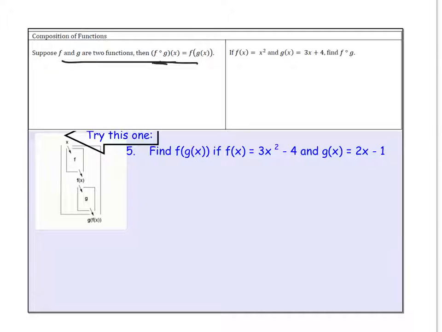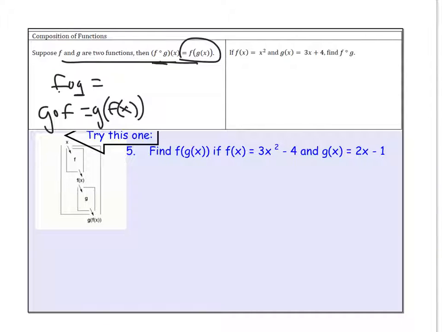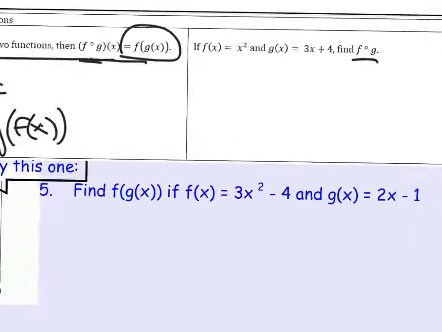So that's kind of what it is. Fog and golf. Fog means g of x, f of x. So you kind of work backwards. Golf is exactly the opposite. So you're going to do f of x first, then you're going to put that into g. So if I do fog here, let me zoom in a little bit.